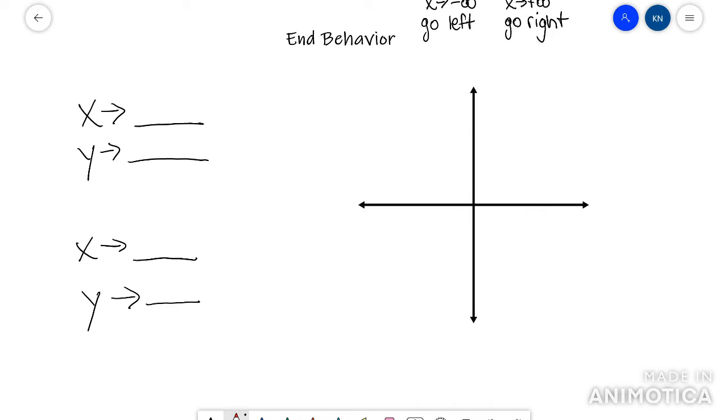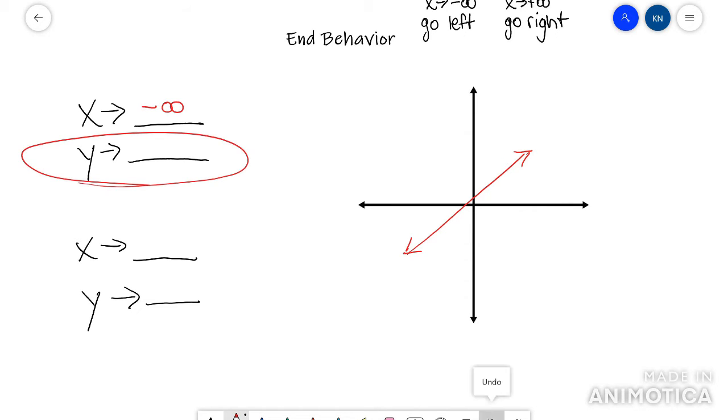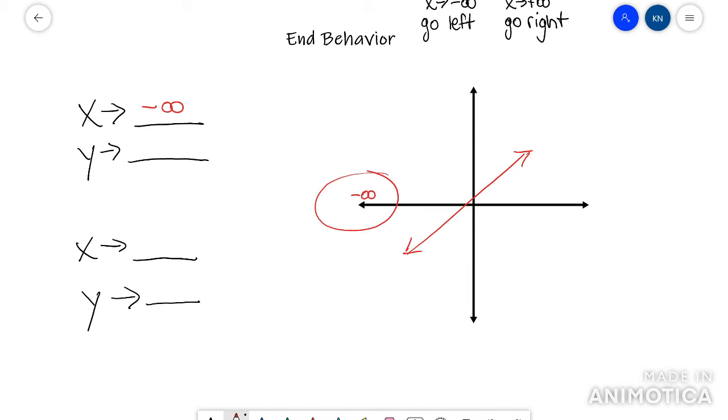Imagine you had a linear function. The teacher's probably going to say, okay, if I go to negative infinity on my x, what does the end behavior look like? Well, what they're really telling you is here's negative infinity on your x. So really they're saying if I go left, what does this line do?